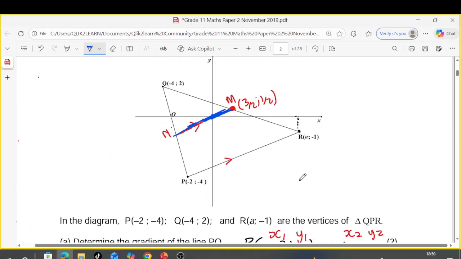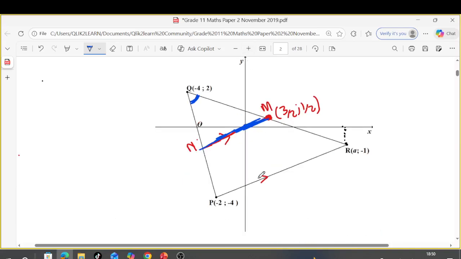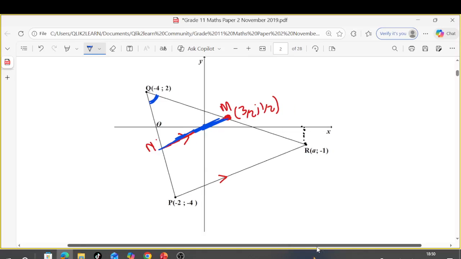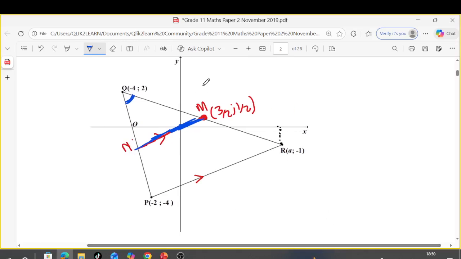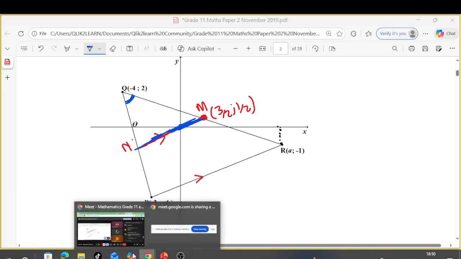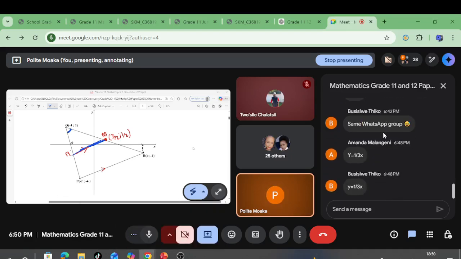So they want us to find this angle Q. Guys, do we have anyone who knows how we can find that angle Q? I want to hear your ideas. What can we do? How can we find that angle Q? I'm waiting for a comment. Someone who can tell me how we can find that angle Q. I need to see if we have learners that are creative, learners who know how the angle of inclination works.